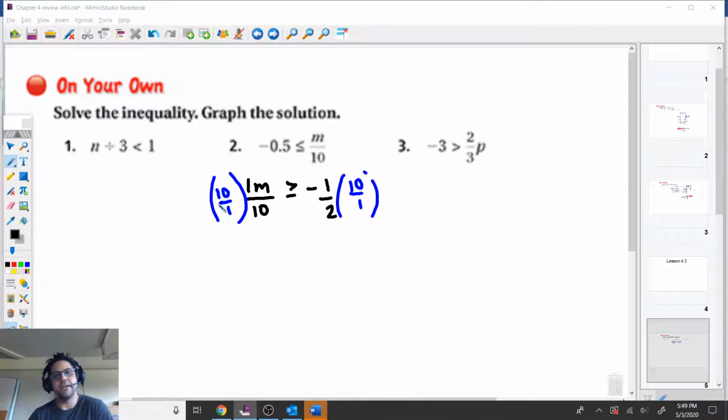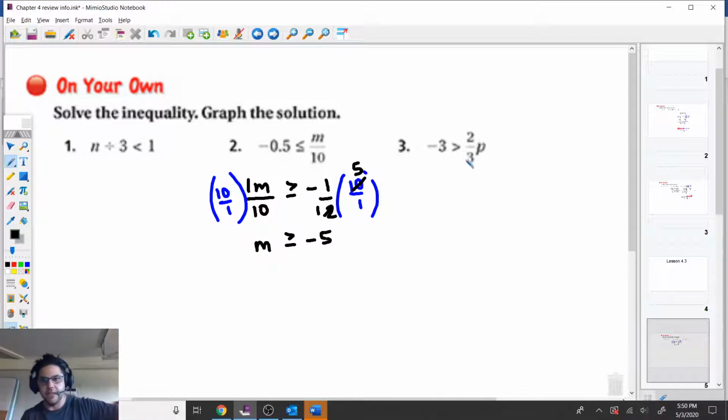So I multiplied by 10 over 1. Everything's good. So it's m is greater than or equal to. I can cross cancel. 2 becomes a 1, 10 becomes a 5. So negative 1 times 5, just negative 5. I can ignore the denominator ones. Everything looks good there.